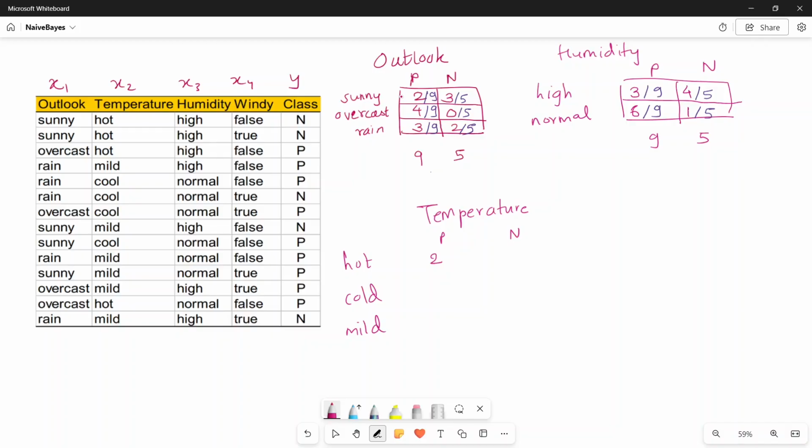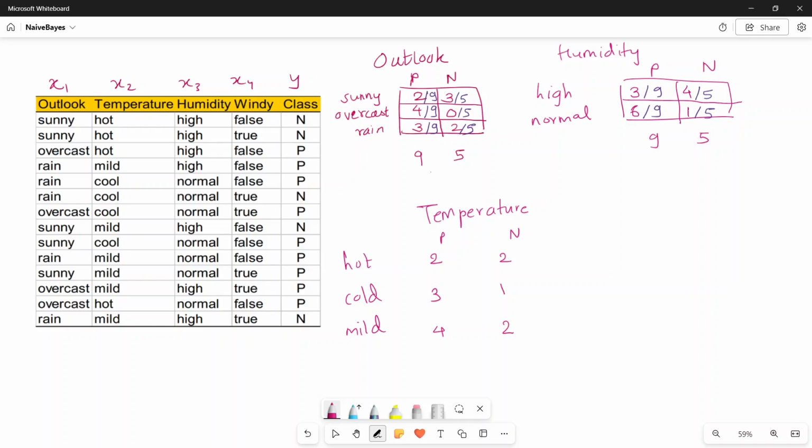Hot and N combination will occur twice. Cold and P combination occurs 3 times, and cold and N combination occurs only 1 time. Mild and P combination occurs 4 times, and mild and N combination occurs twice.